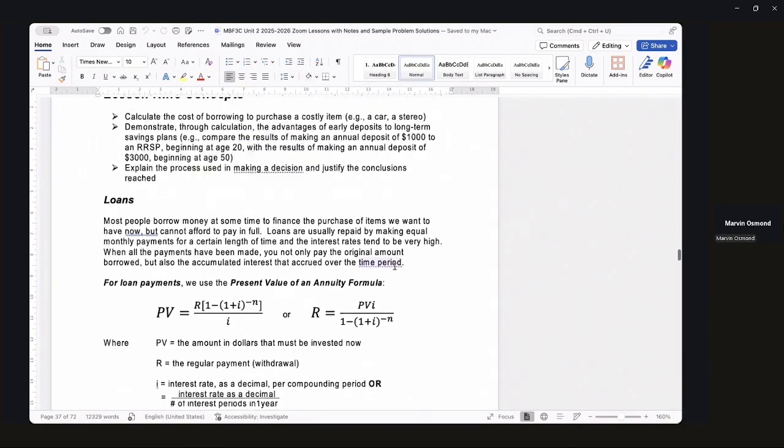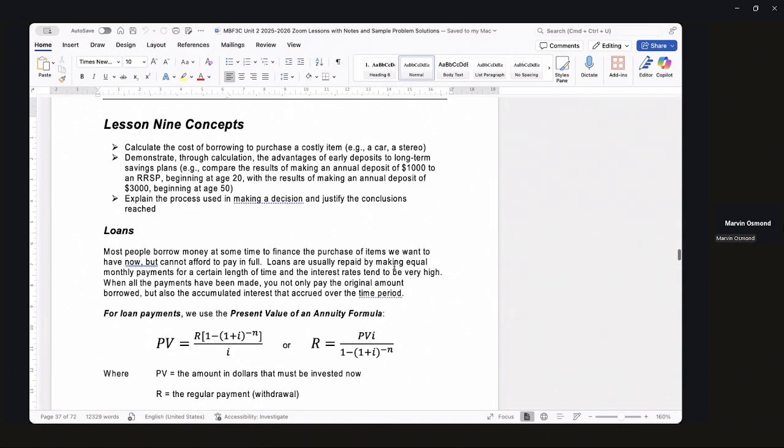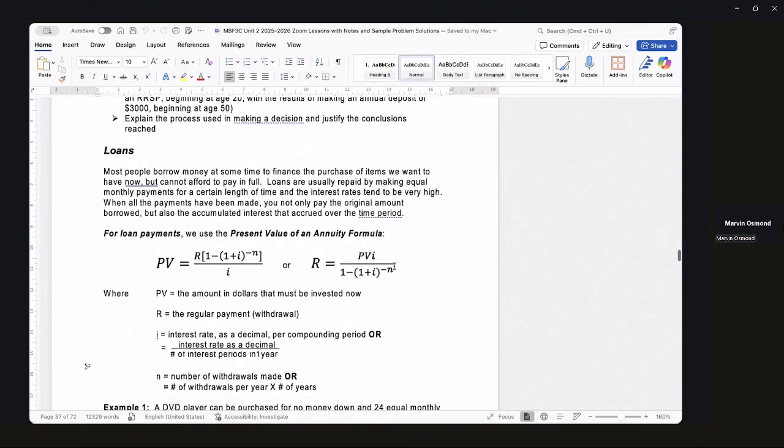So we're going to look at lesson number 9 today, and we're going to talk about loans. Now, we're going to deal with formulas that involve present value payments. So what we looked at so far, simple interest and compound interest, was how much money you would owe if you borrowed money today and paid it back at a future date, or if you invested money and what you would have at a future date.